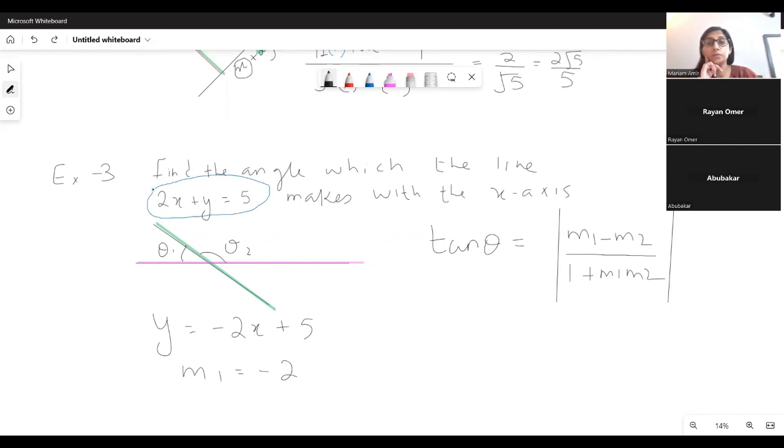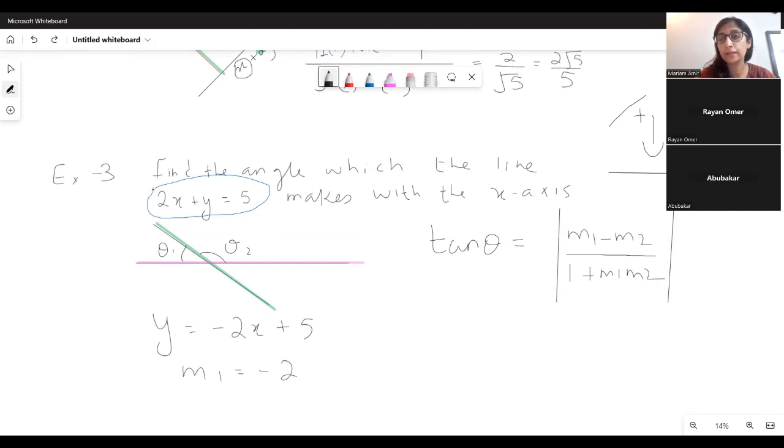Now tell me, what is the slope of the x-axis? Miss, I don't know this. So the x-axis is a completely flat line, it doesn't have a slope, it's zero. You have to remember this: if it's a rising line, it will have a positive gradient. If it's a falling line, it will have a negative gradient. If it's a vertical line, its gradient will be undefined or infinite.